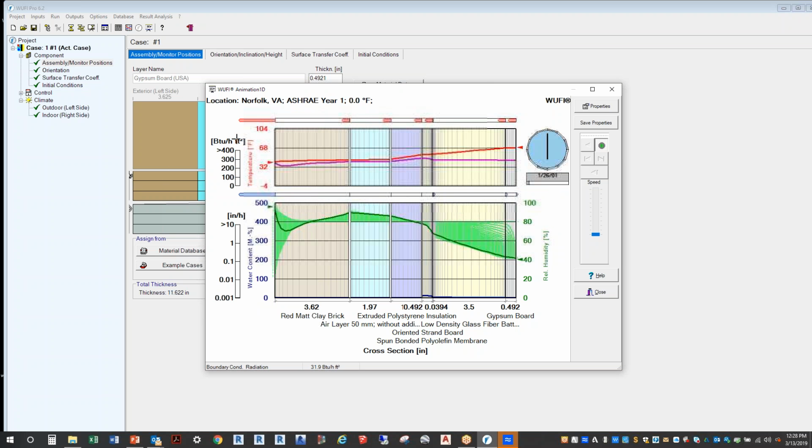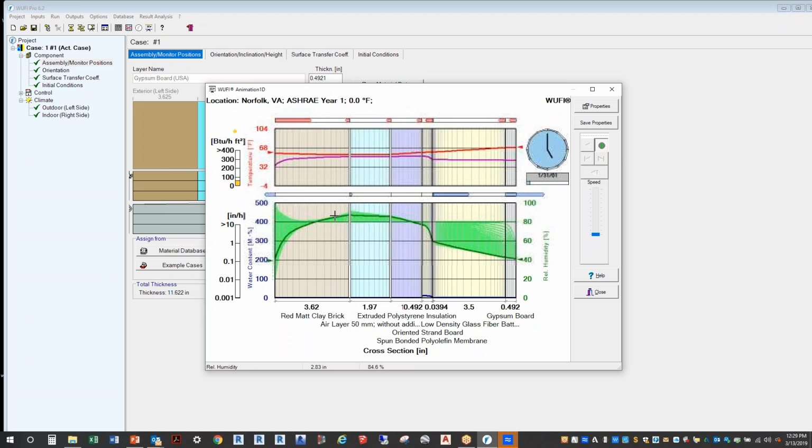So it's doing day and night, day and night. And at the bottom, you can see our relative humidity is moving up and down on the exterior side of the brick, and it's staying pretty steady.